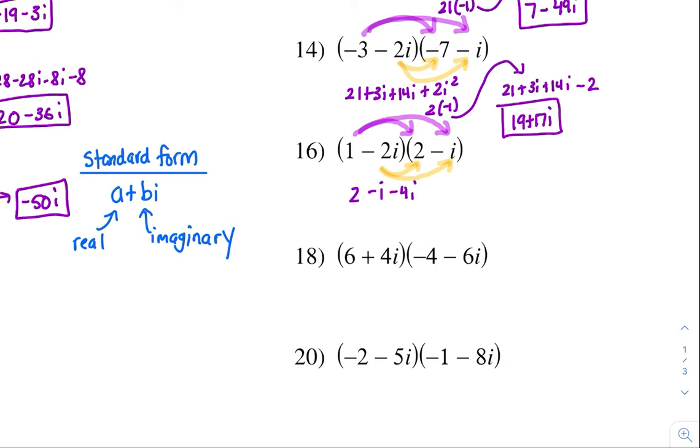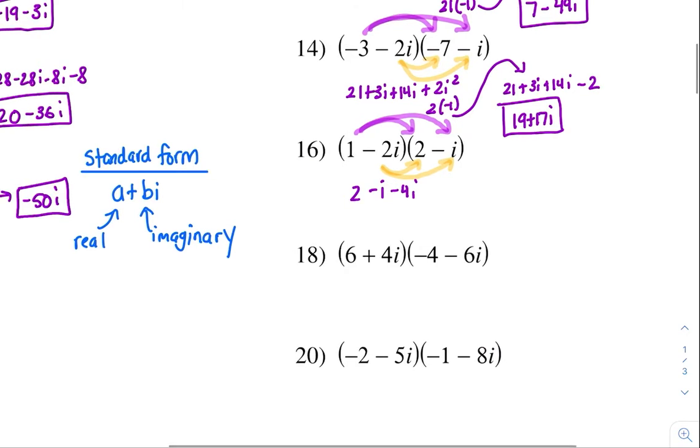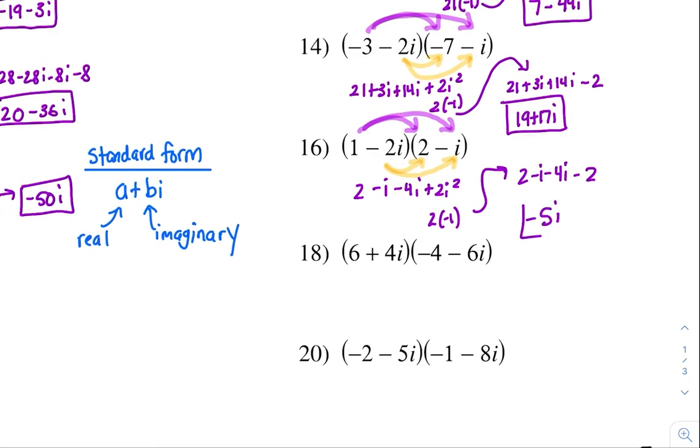And negative 2i times negative i is positive 2i to the second. But remember, the i to the second becomes negative 1. So what we really have is 2 minus i minus 4i minus 2. 2 minus 2 is 0. And then negative i minus 4i is negative 5i.